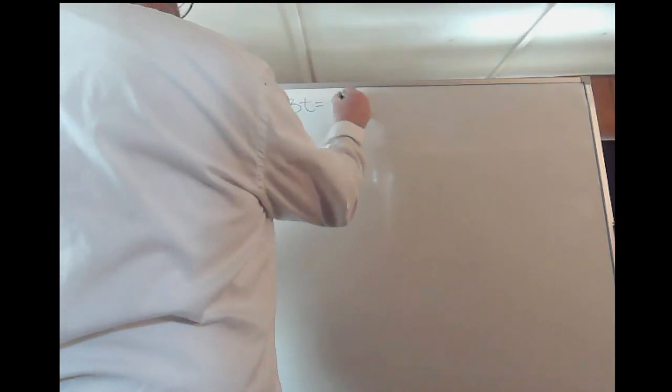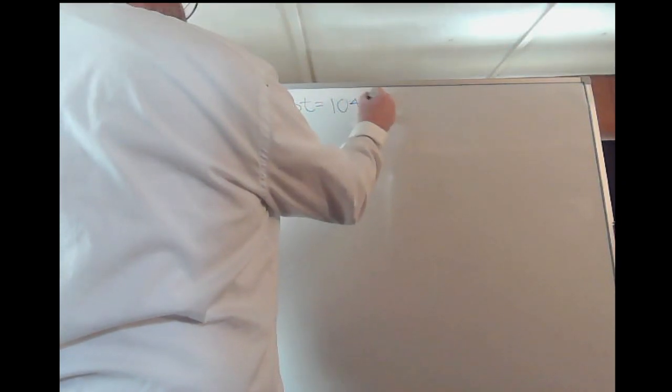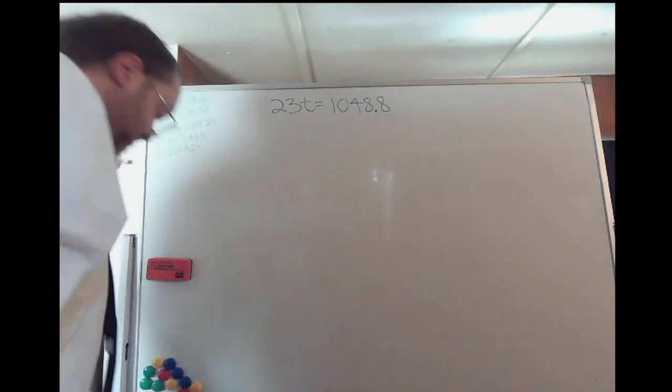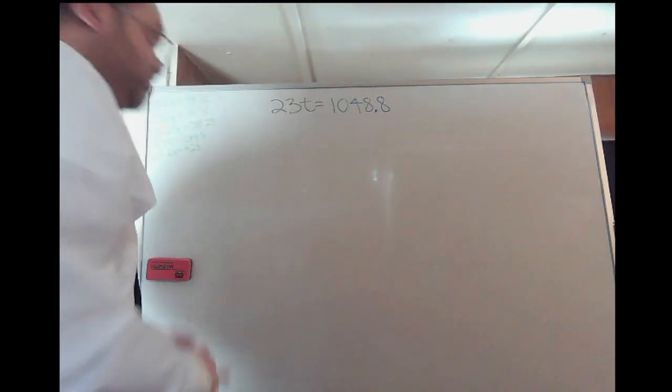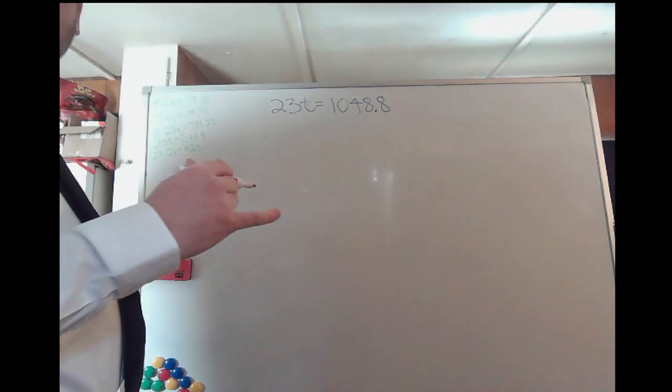Alright, got 2 more. Let's say I give you 23t is equal to 1048.8. So again, like any variable equation, get t by itself.